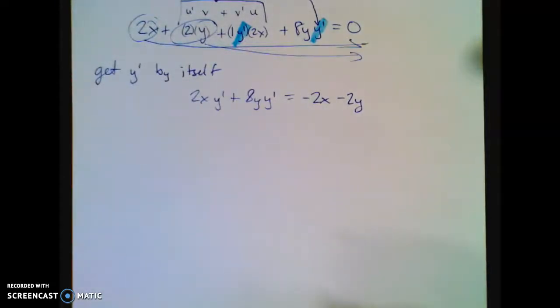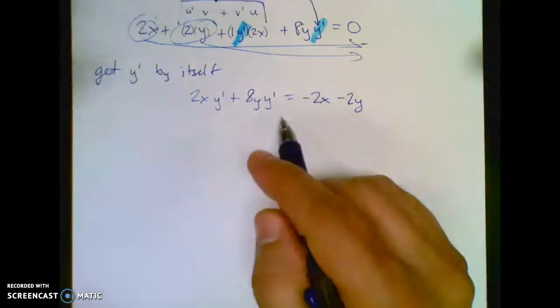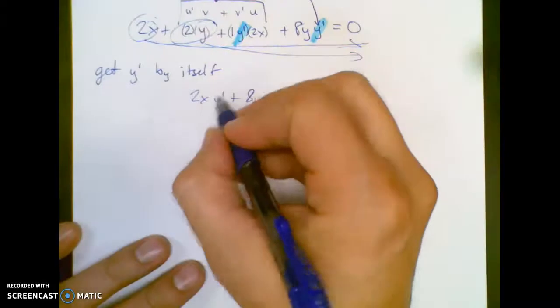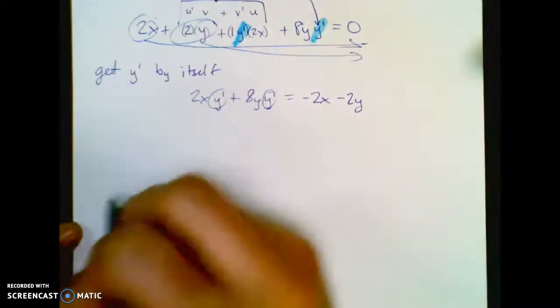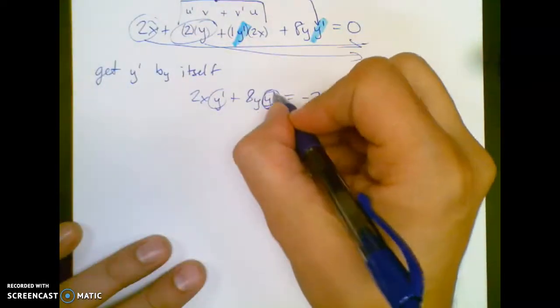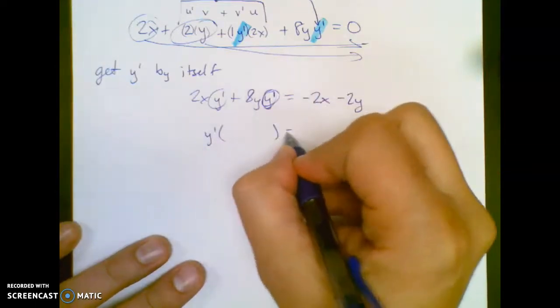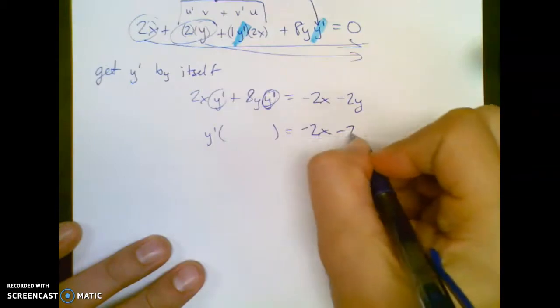All right, now how do I get y prime by itself? Because this is not looking like it's going to be like that anytime soon. But wait, remember how you can take out a GCF and they both have a y prime in common? So you are allowed to take out a y prime. I'm not doing anything to the other side yet.